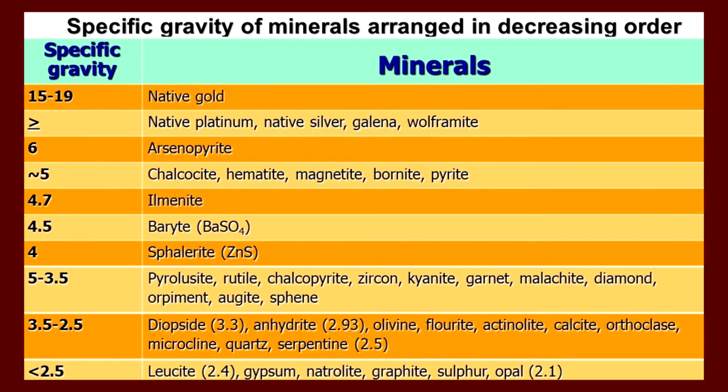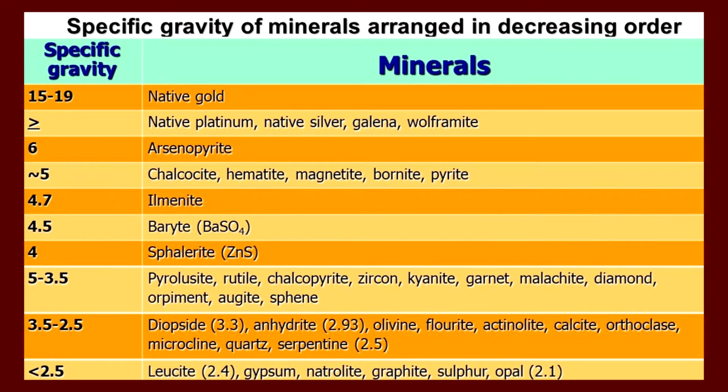5.5 to 3.5 specific gravity minerals are pyrolusite, rutile, chalcopyrite, zircon, kyanite, garnet, malachite, diamond, orpiment, agate and sphene. They show specific gravity which is also considered on the higher side.